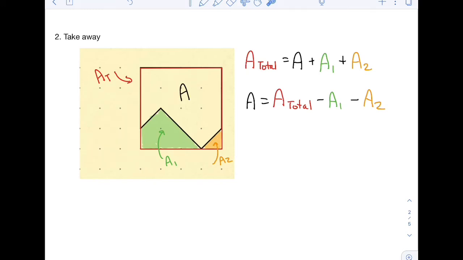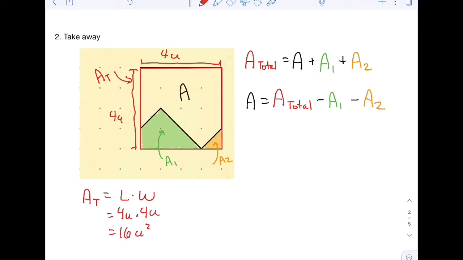So let's go ahead and do that. Here I have a rectangle, so that's going to be length times width. I count my spaces, 1, 2, 3, 4 units tall, and 1, 2, 3, 4. Oh, I have a square, nice. 4 units wide. So that's going to be 16 square units.